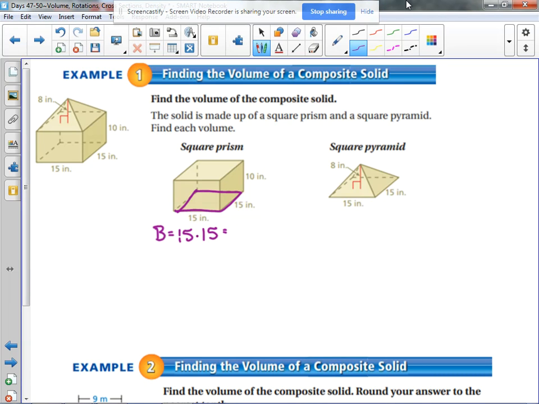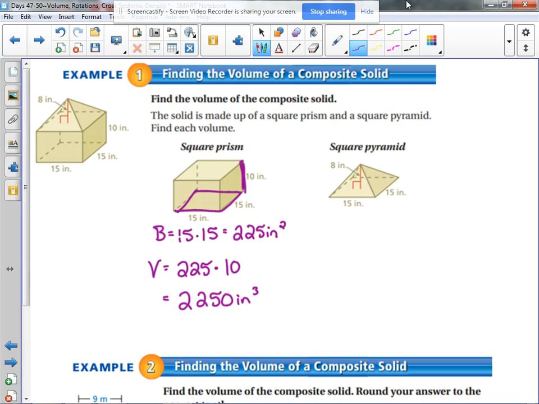Yeah, 225. That is just the area of the base. We've got to find the volume of the whole thing. So the volume is the area of the base times the height of that figure, which is 10. So the volume of this piece is 2,250 cubic inches.